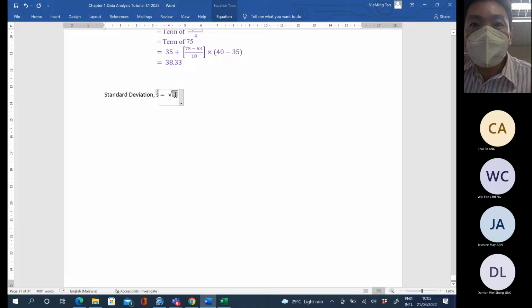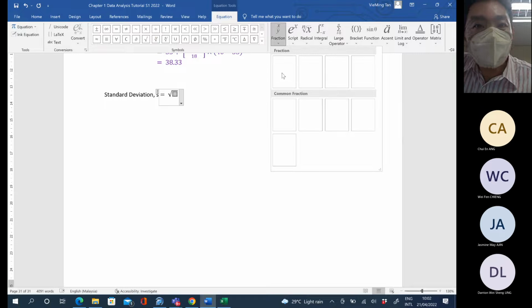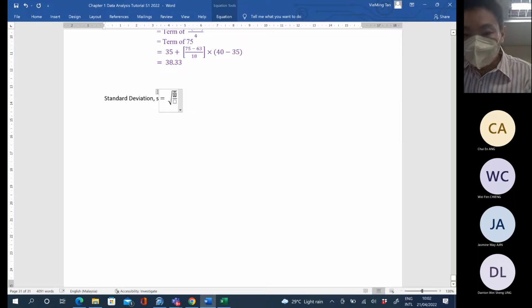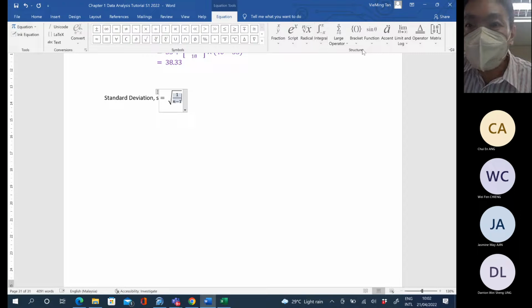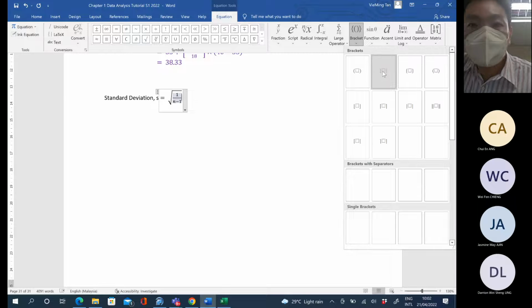Got two layers, one divided by, so I choose this one, fraction. And then we have a big open bracket. There are many ways. I can also choose the open bracket using this function here.